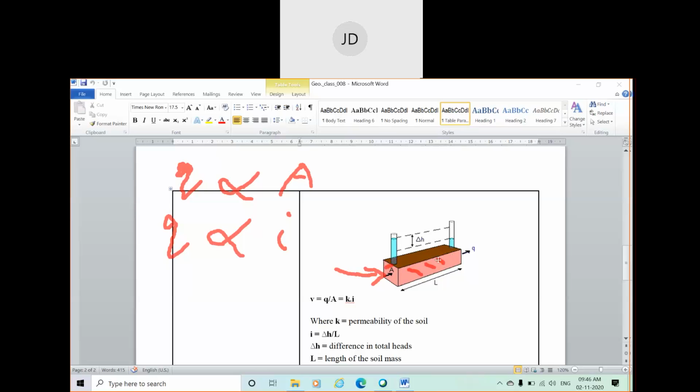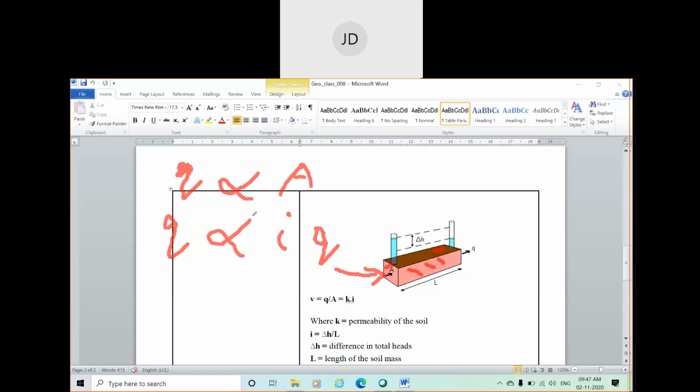A rectangular soil has different cross-sectional areas, isn't it? So which cross-sectional area do you take? The discharge is proportional to the cross-sectional area perpendicular to the flow direction. Fine, it is clear.